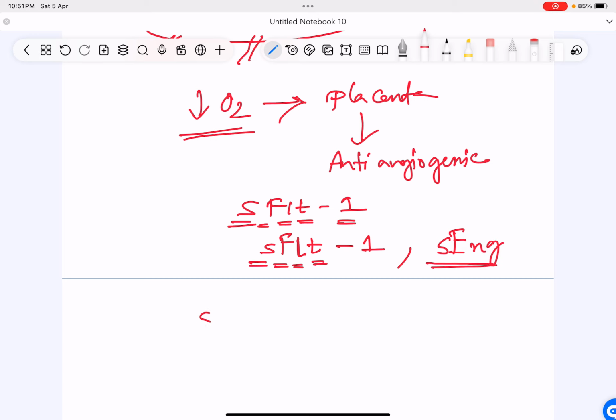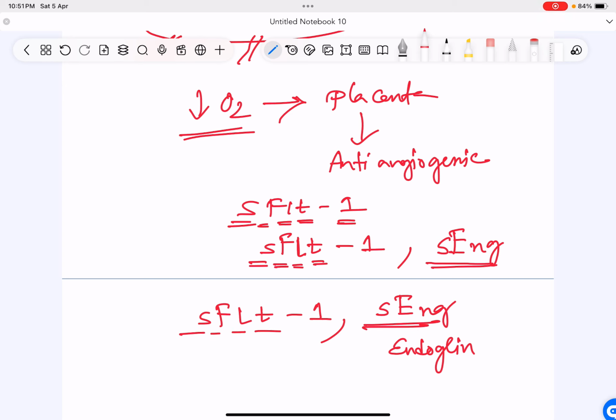So sFLT1 and sENG, soluble endoglin, and soluble FMS like tyrosine kinase 1. These are anti-angiogenic factors.